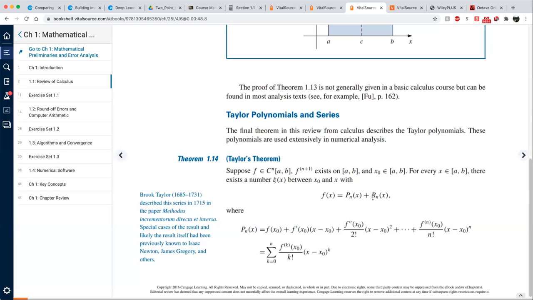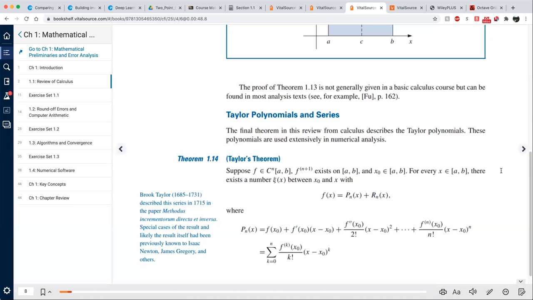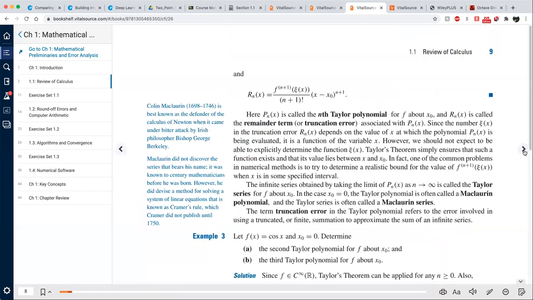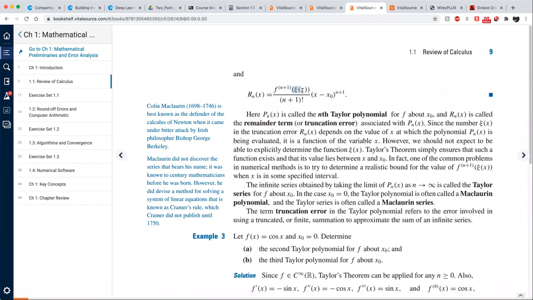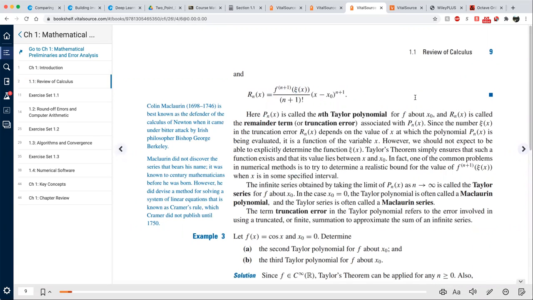The R is called the truncation term, or remainder term. So what's the remainder term? It is this. What is the xi? Normally we don't know what xi is, because it depends on the function definition and the x value.